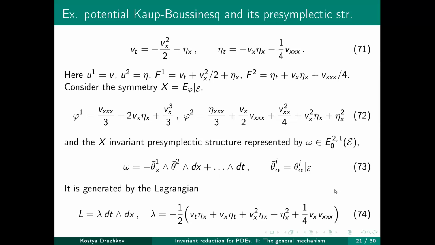It's important to note that the Lagrangian is degenerate in the sense that it reproduces not the equations themselves, but their differential consequences only. And it's easy to see that in this temporal part of the presymplectic structure, we do not have something like theta1, theta2. We have the x derivative of theta1. So roughly speaking, this temporal part is degenerate in some sense.